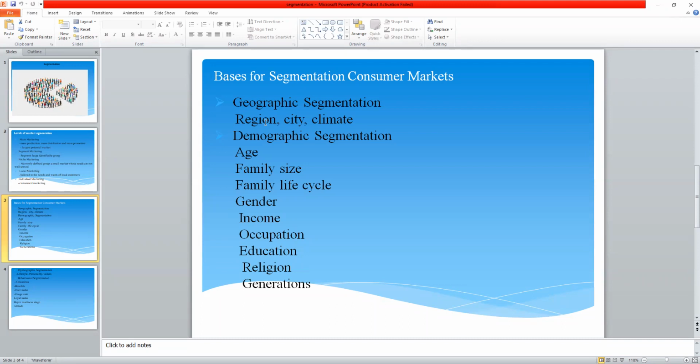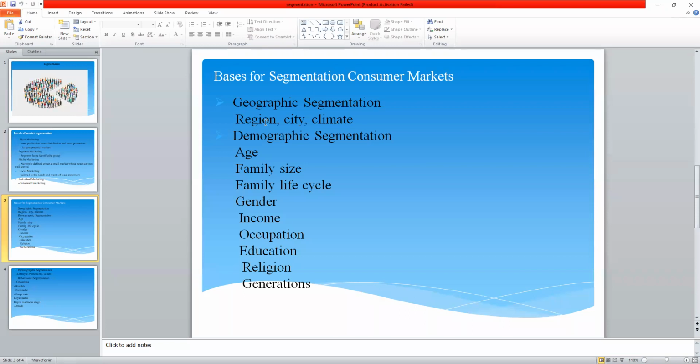Now here, the next part is demographic segmentation. Demographic segmentation relates to the division of markets into groups based on variables like age, family size, family cycle, gender, income, occupation, education, religion, race, generation, nationality, and social class.